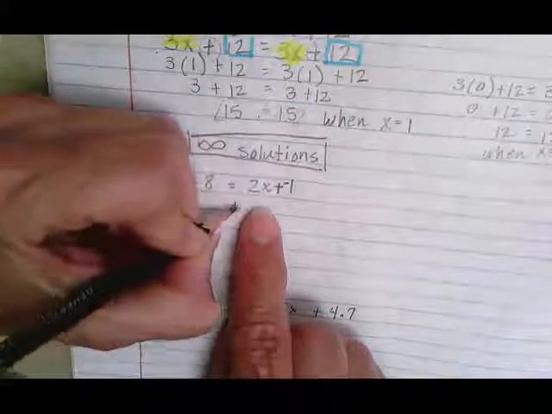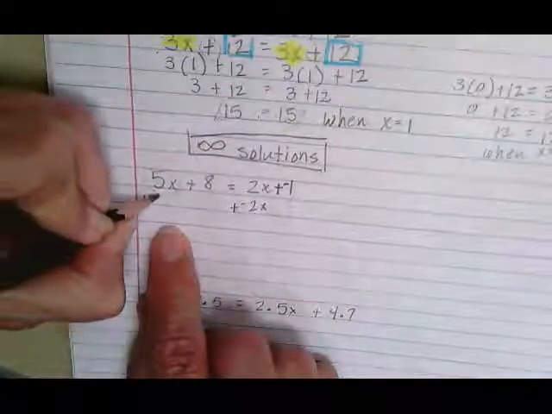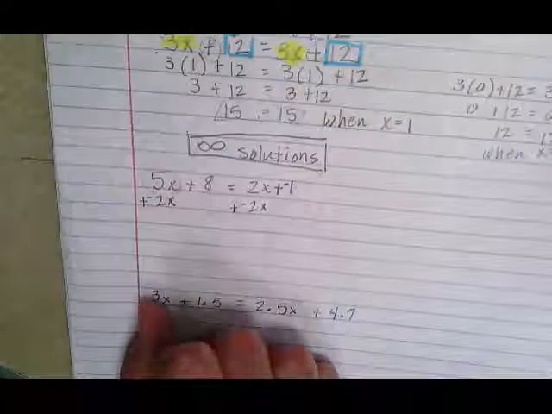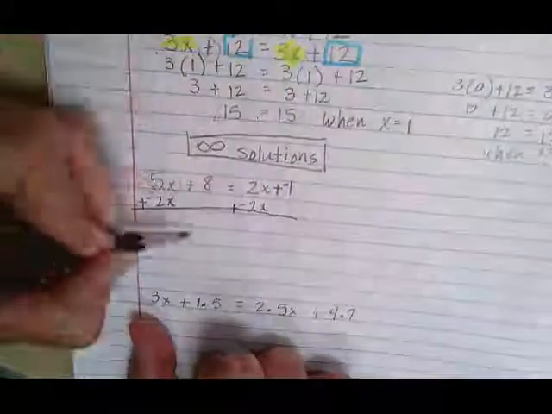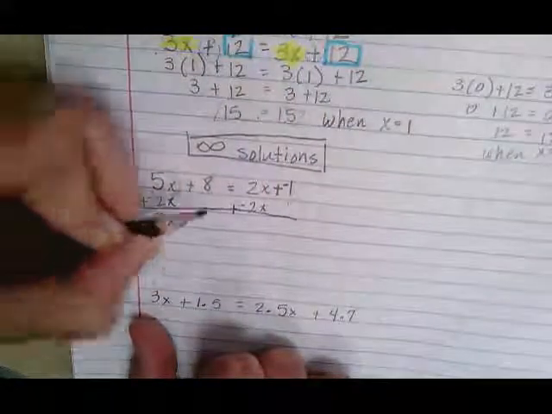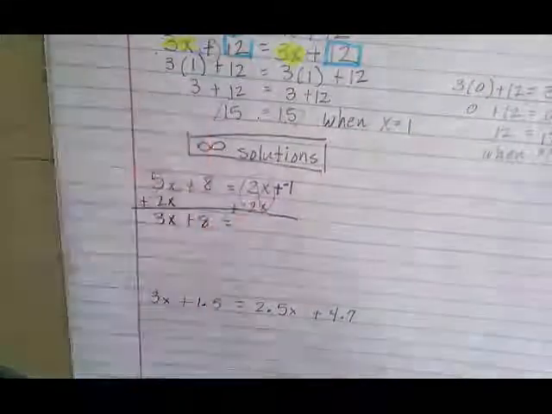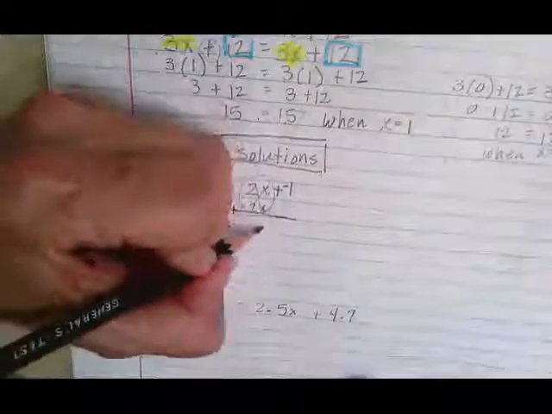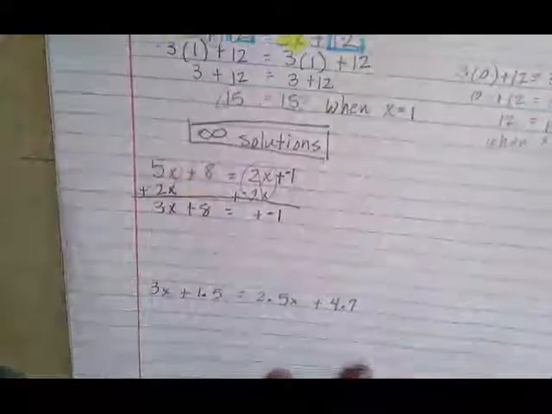So I'm going to add negative 2x to each side, which is the same as subtracting 2x from each side. And I have 3x plus 8 equals, these are a 0 pair, and then I have plus a negative 1.